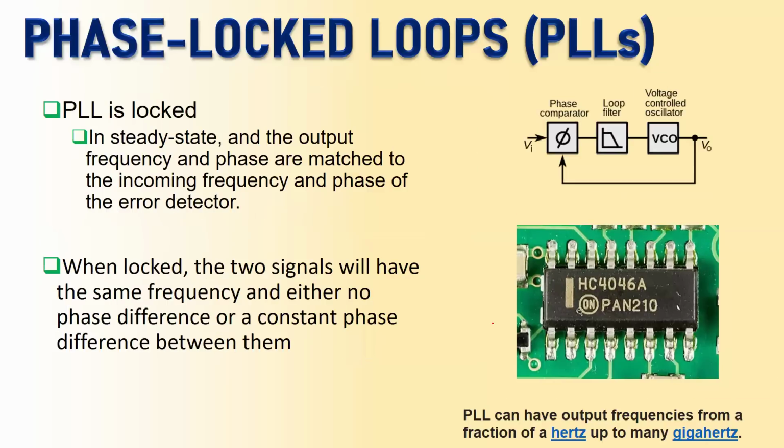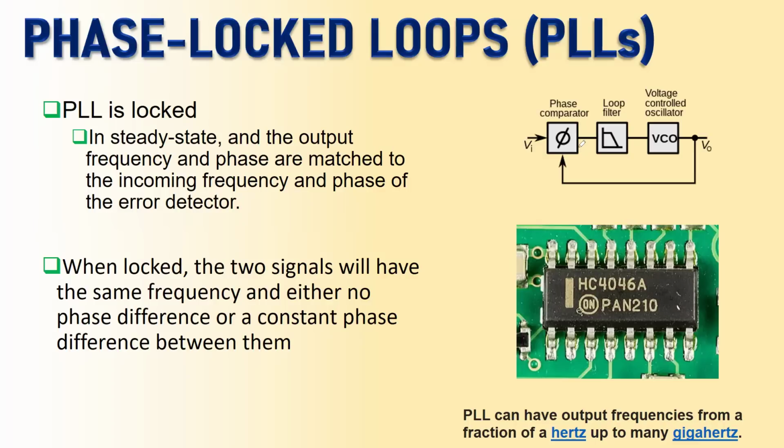Now we want to move to the next slide. When we say the PLL is locked, as I said in the previous slide, it means that it is working properly. And when we say that the PLL is locked, it means that in a steady state, the frequency and the phase of the output are in perfect match with the frequency and the phase of the input, which is the reference.